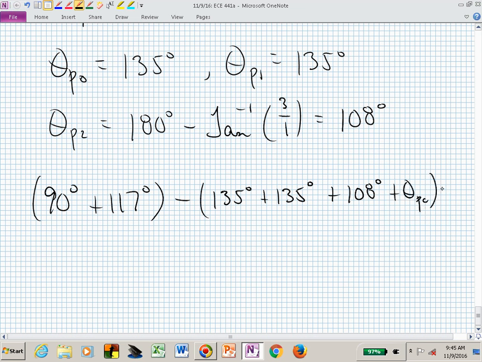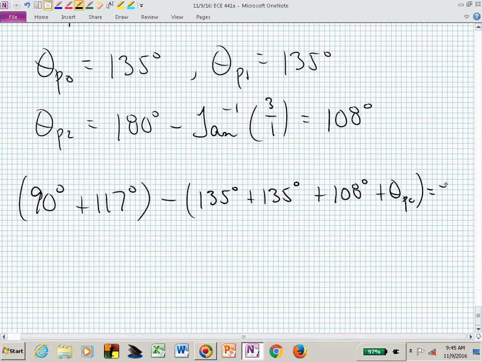But we know that if we want the root locus to pass through minus 2 plus and minus j2, we can hopefully solve for a non-negative value for theta sub p sub c. And if we solve for that, we end up with 9 degrees.